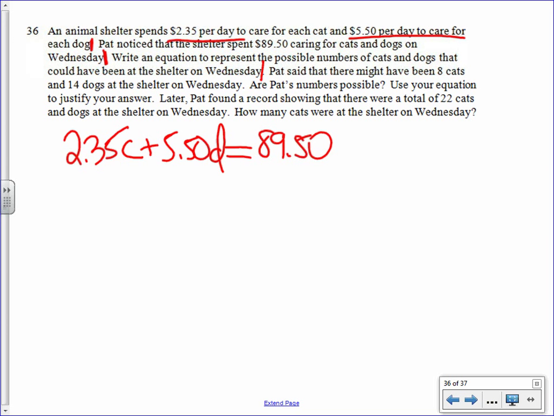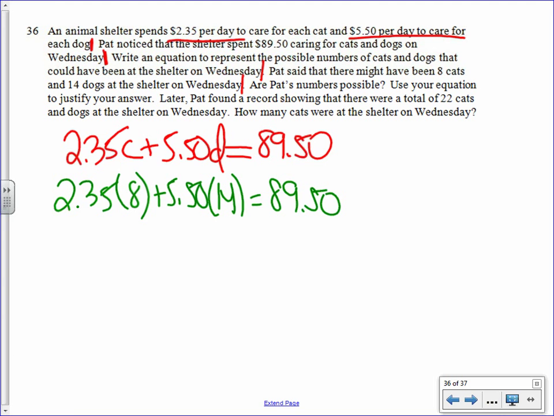Did it. Pat said there might have been 8 cats and 14 dogs at the shelter on Wednesday. Are Pat's numbers possible? Well, 8 cats and 14 dogs. Replace cats with 8, replace dogs with 14.